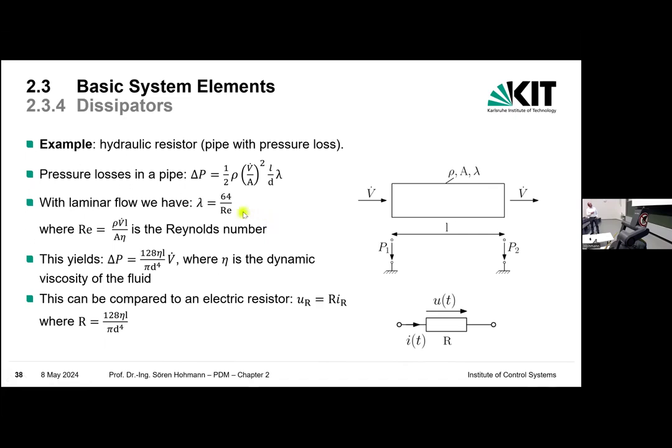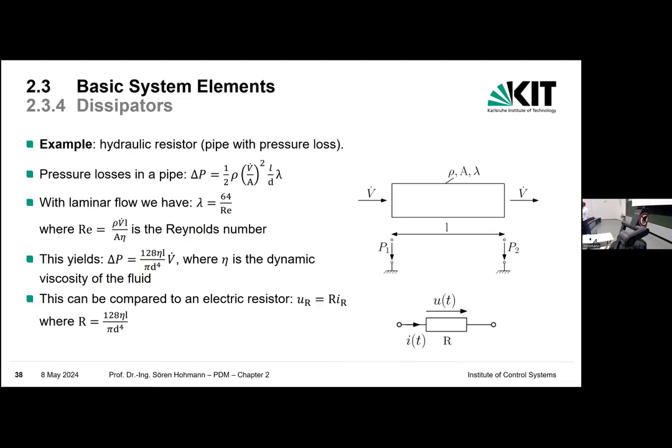And this is the case for pressure drop in some conditions. We find something like this. Here you see the specific behavior. As in electrical engineering, we again find something like this.